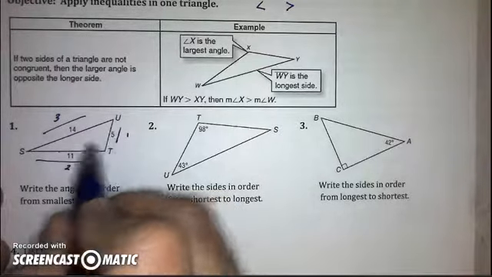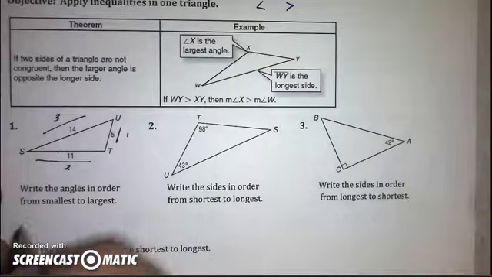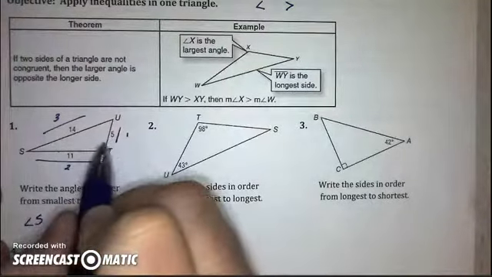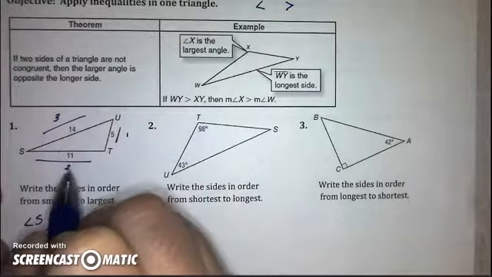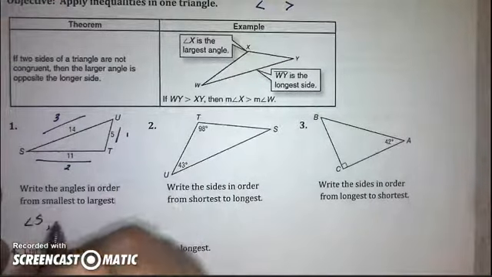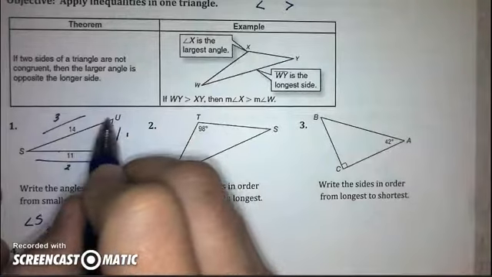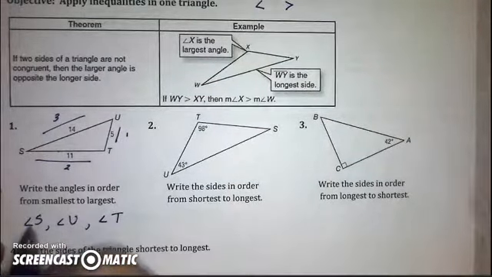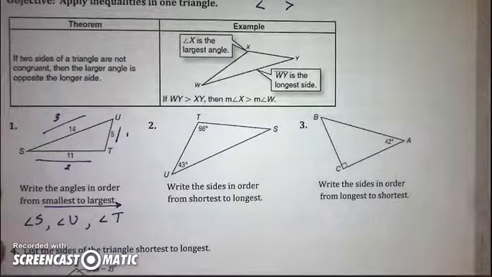So UT is opposite S, so S is the smallest angle. And then U is opposite ST, so that one comes next. And the longest side, SU, is opposite angle T, so that's the largest angle. And make sure you pay attention. We go from smallest to largest.